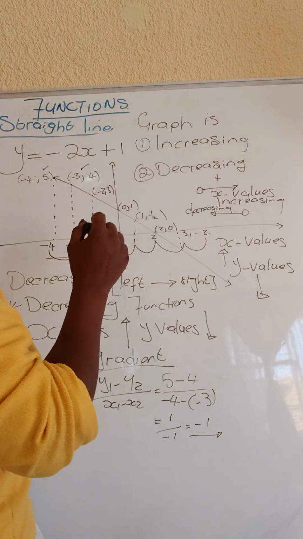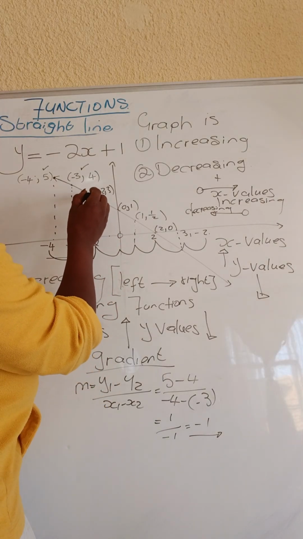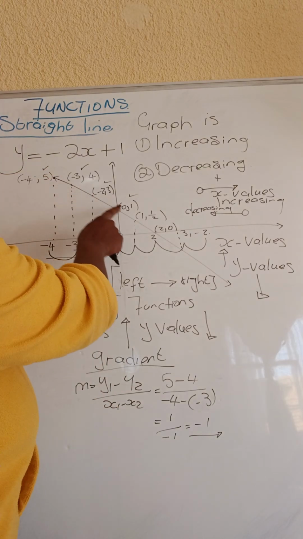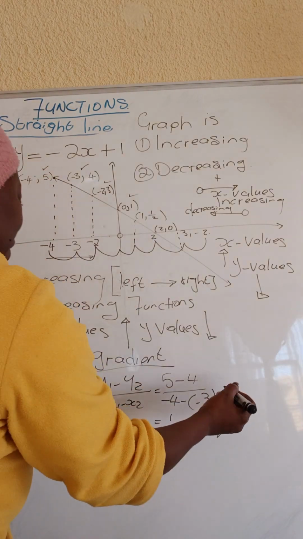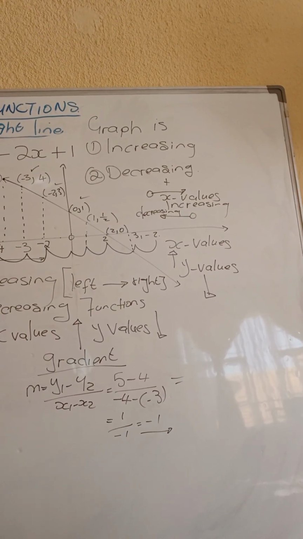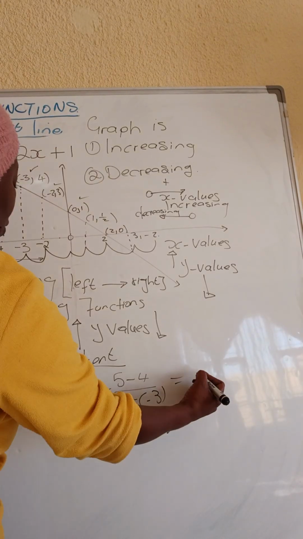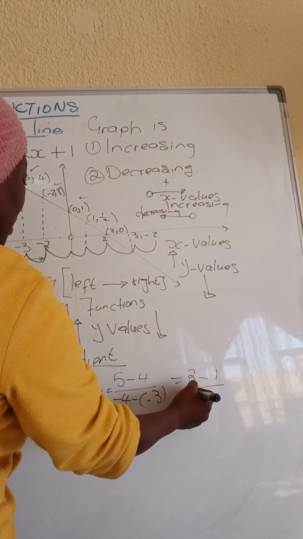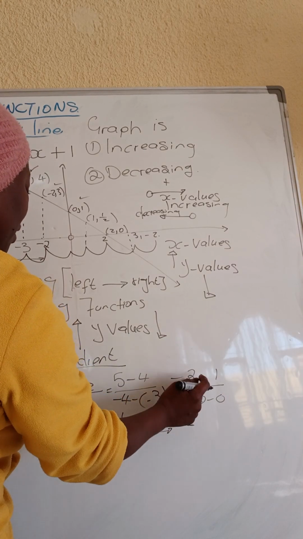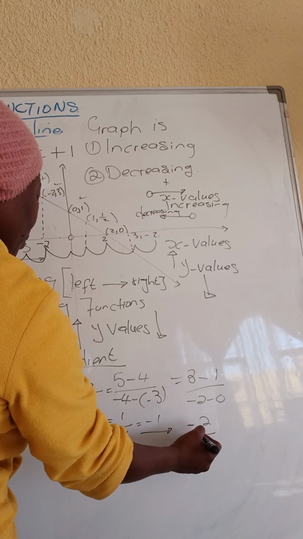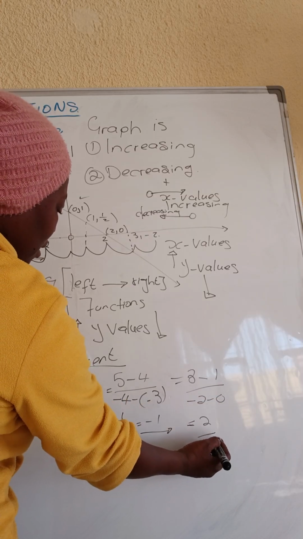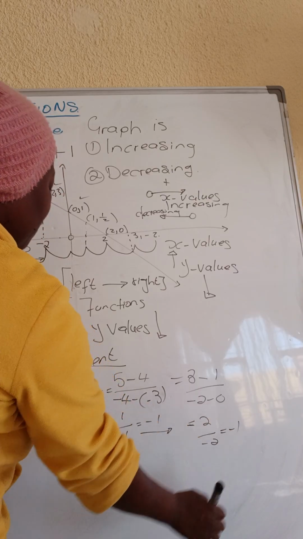Then let's do the gradient between these 2 points, because we moved from here. I'm just going to do it on the side. So it's going to be 3 minus 1 divided by -2 minus 0. 3 minus 1 is 2, and -2 minus 0 is -2, which gives -1.